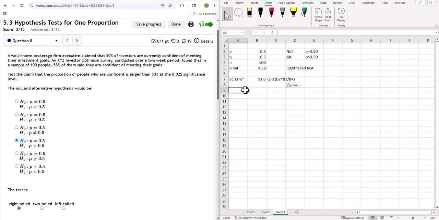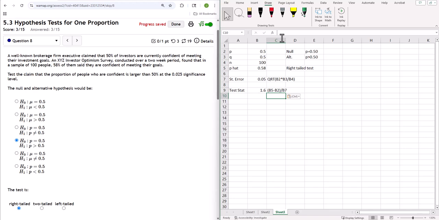Okay. So again, I like to find my test statistic so that I can make a good drawing here for my p-value. So again, with our test statistic, we're going to do p hat, and we subtract from that p, and then we divide by our standard error. And we're dealing with proportions. This is essentially a z-score.